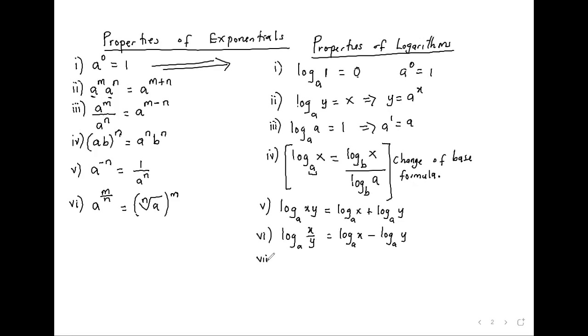And number seven, what has been left out? A bit critical as well. If I have log a power b of x, where a has the power b, you can bring down that b and make it the coefficient and remain with a without any power there, x.